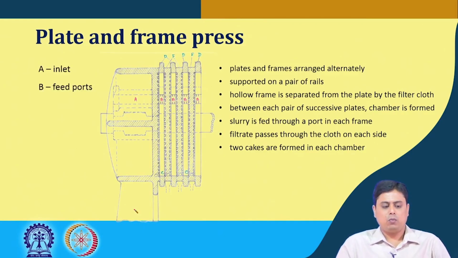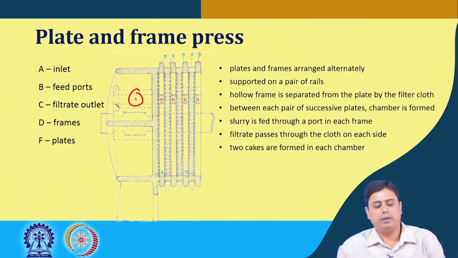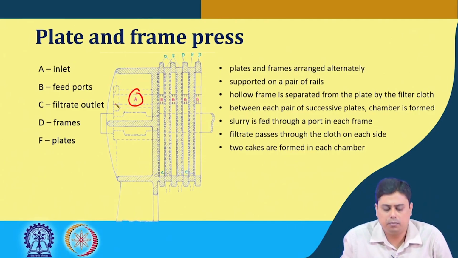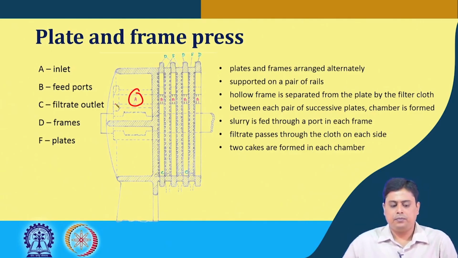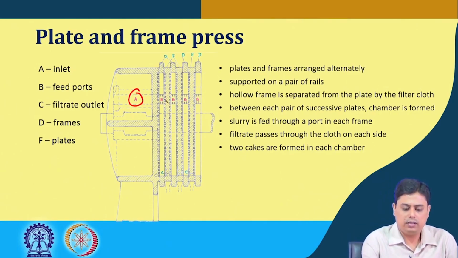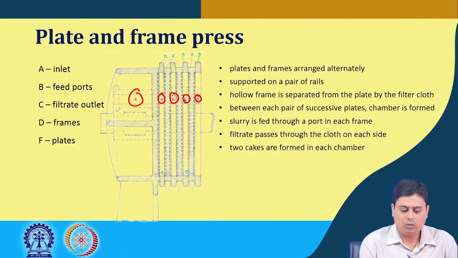So here what we have, this inlet is happening through point A or the section A. The feed port is these holes that are there on the frames. The filtrate outlets are these points, these holes that are mentioned.